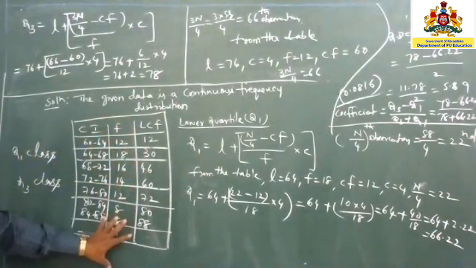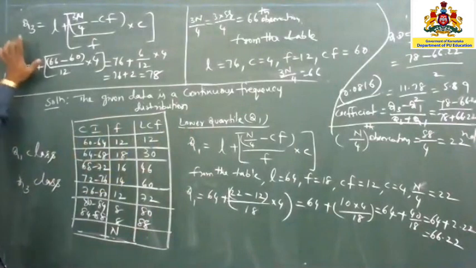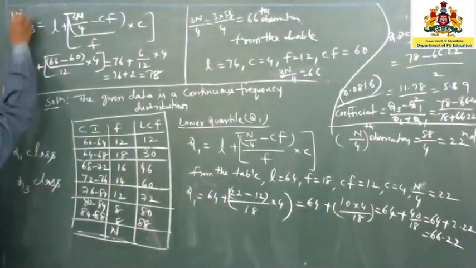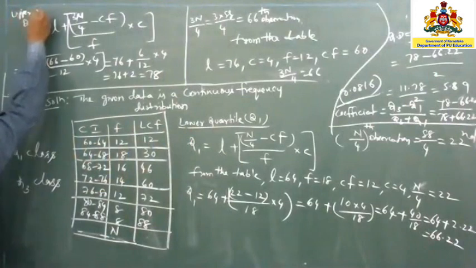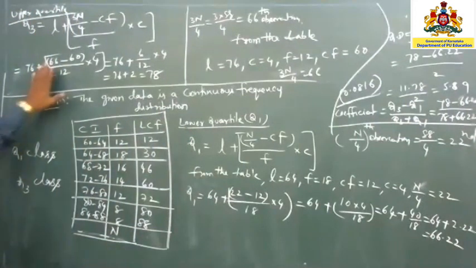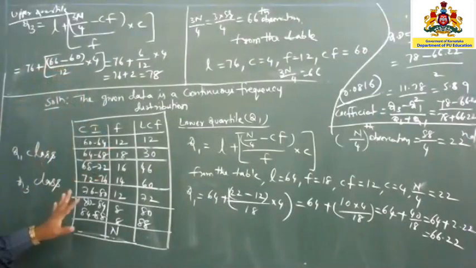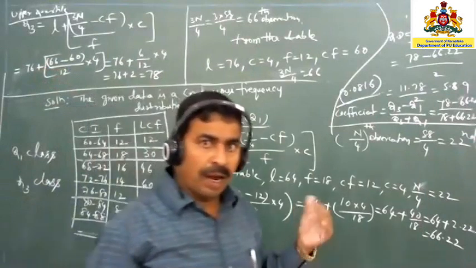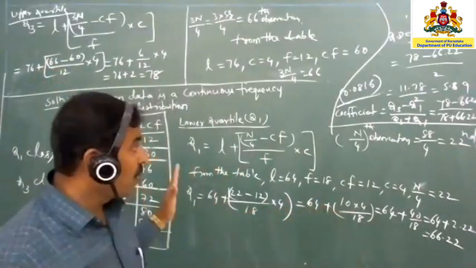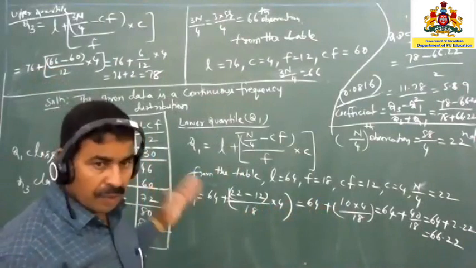So first the table, then the lower quartile, then the upper quartile Q3, then substitution. You know how to calculate these; I also explained, and you have also learned in partition values how to find quartiles for the given data.